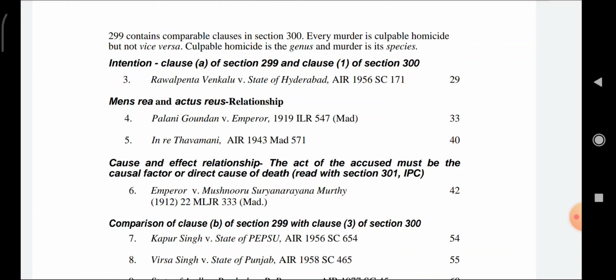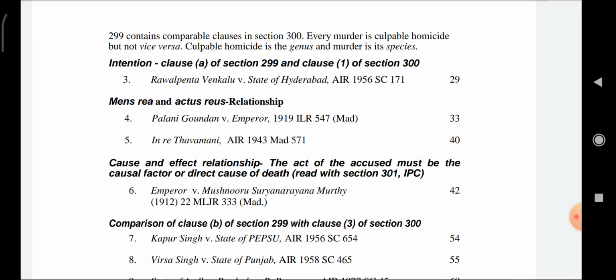Plani Gordon versus Emperor, the 1999 case, when Stamps for Reform came. In re Thavamani, All India 1943. Cause and effect relationship: the act of the accused must be the causal factor or direct cause of death, read with section 301 of the IPC.